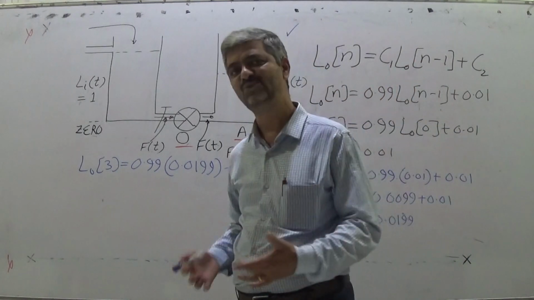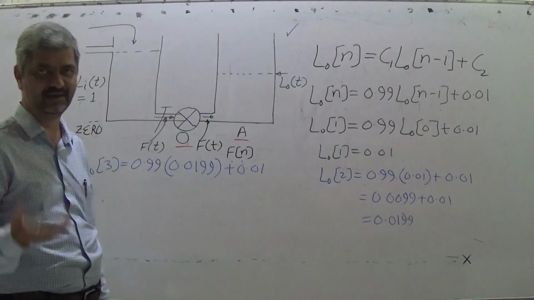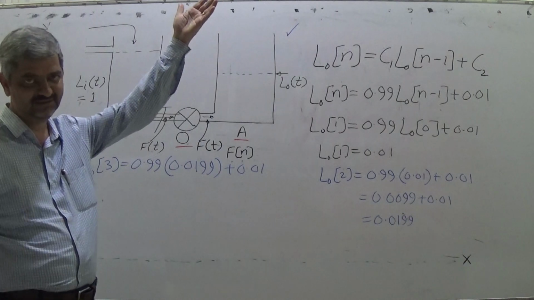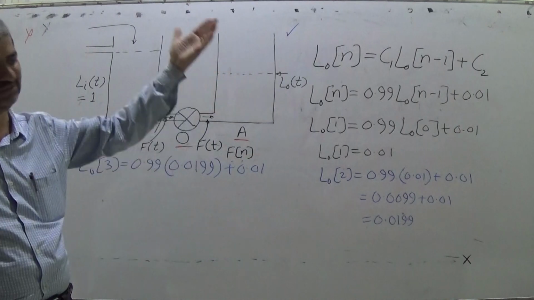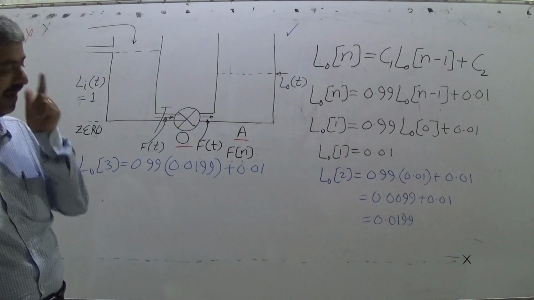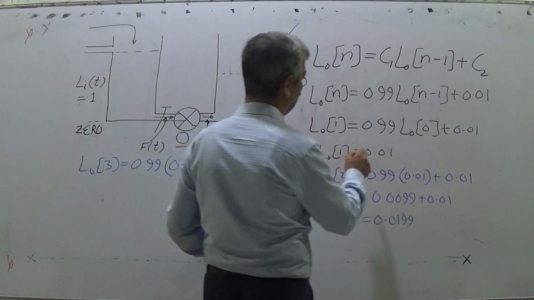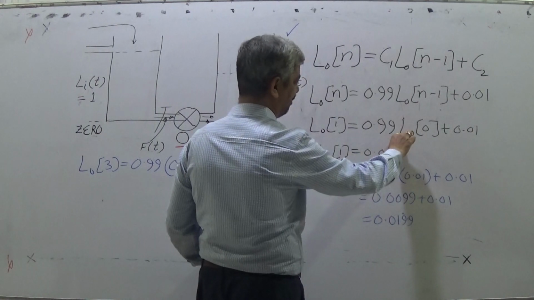In C, you write a simple program to compute LO N, and you can have the levels LO0, LO1, LO2, LO3, LO100, LO1000, like that. You can have the levels, and you will find that LO0 was 0. So between LO0 to LO1, it increased by 0.01.